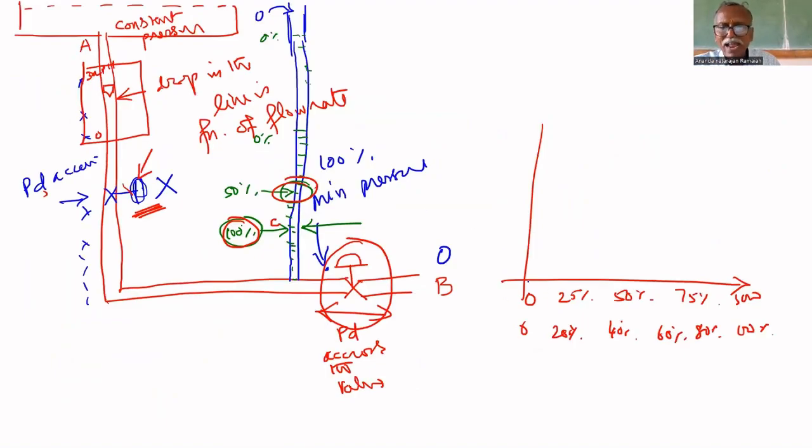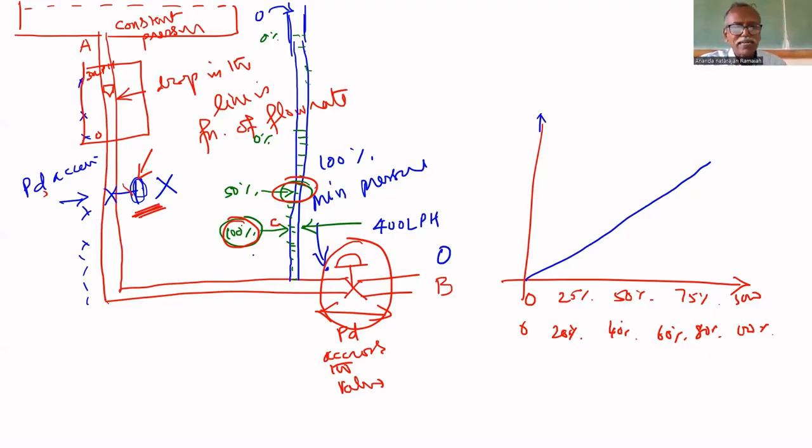If it is a linear valve, its characteristics will be like this. Then what you can do is fix the rated flow rate. Suppose this linear valve is 400 liters per hour for 100% opening, meaning the scale indicates fully open.